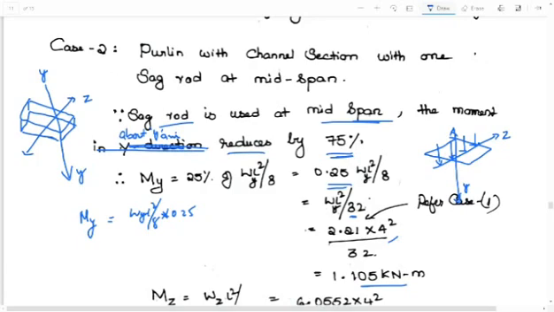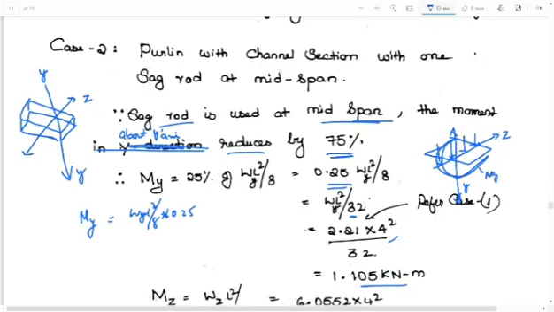But when this member tries to bend in this way about the y axis, it cannot move, it cannot rotate because of these claddings. That is why when a sag rod is put, there is a tremendous decrease in the moment that is going to happen.